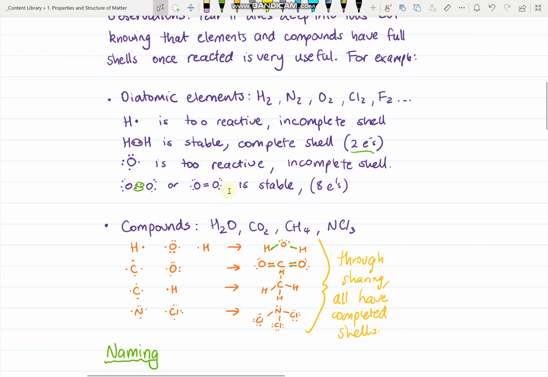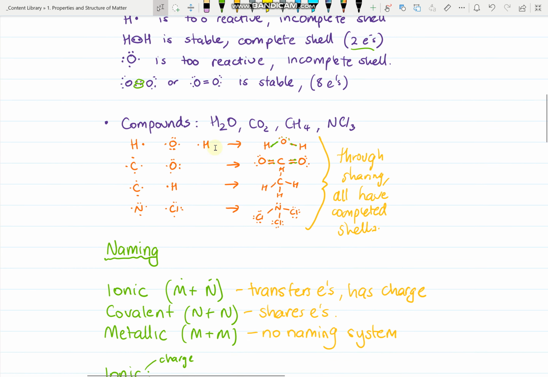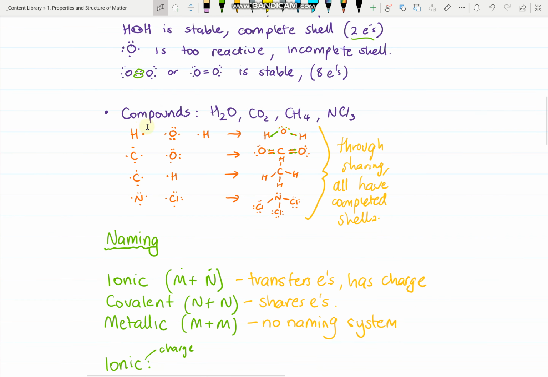It's called a double bond. And these 2 oxygens both have 8 in their outer shells, so they have full shells. And that goes for all compounds. Water: through sharing, hydrogen has 2, through sharing, oxygen has 8, and this goes the same through all of them. Carbon's got 2 double bonds either side of it, and each bond has 2 electrons, so 2, 2, 2, 2 makes 8.